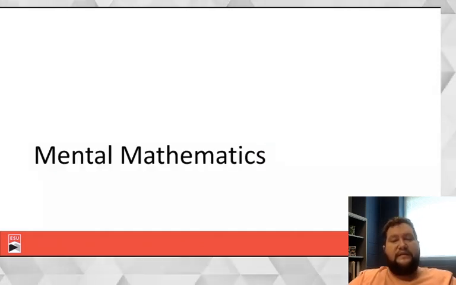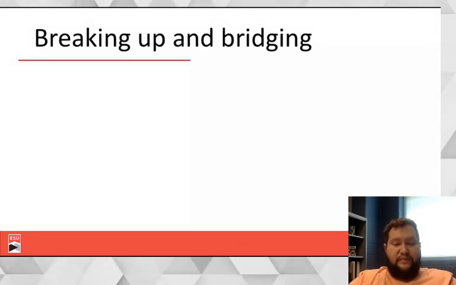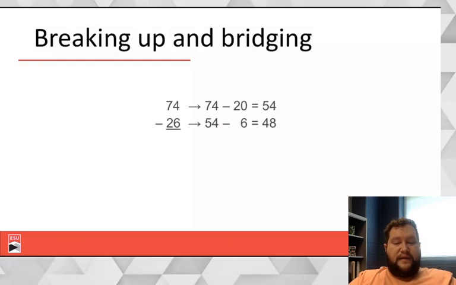And then just like in the last one where we concluded with some mental math and estimation, I just want to give you a couple of these mental math strategies. Breaking up and bridging, and suppose we have 74 minus 26.